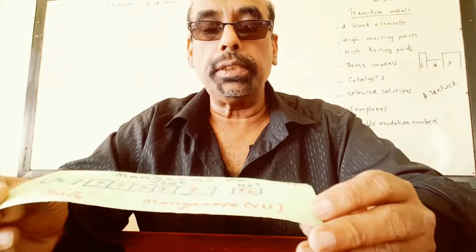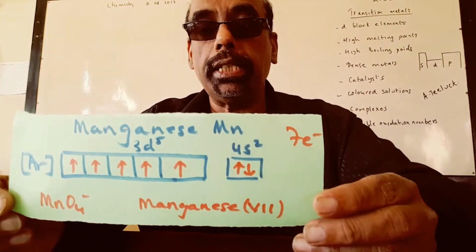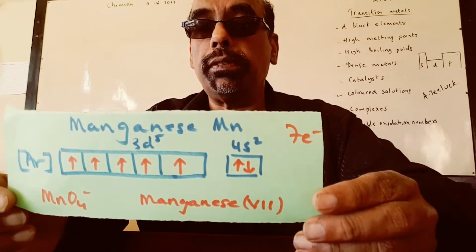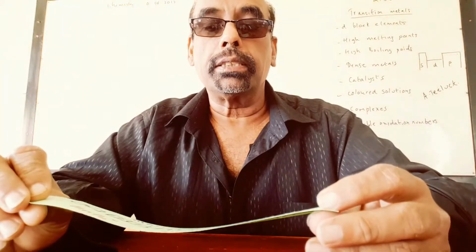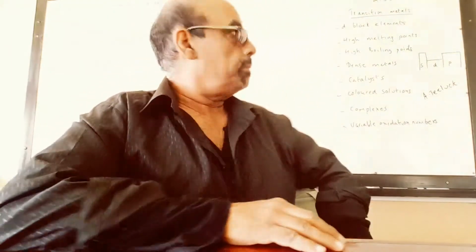So you have 3d5 4s2. It can use all the 7 electrons. In manganate ion MnO4-, it uses all the 7 electrons. That's why we call it manganate 7 ion.